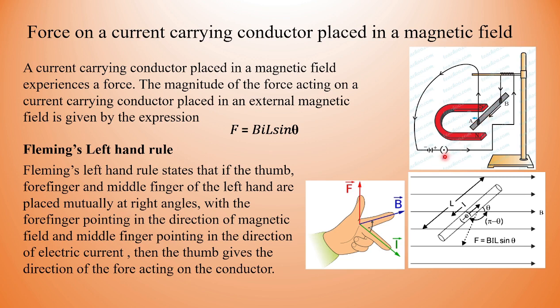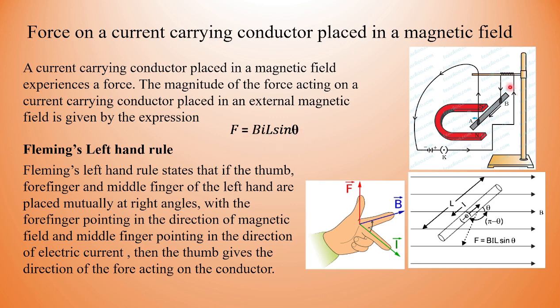When we switch on the circuit, we can see a movement of the current carrying conductor. That means when a current carrying conductor is placed in a magnetic field, it experiences a force, and the magnitude of the force is given by the relation F is equal to BIL sin theta.